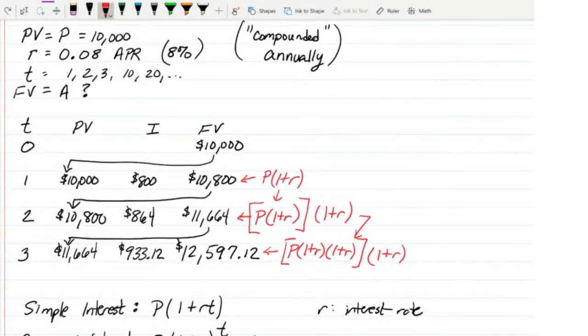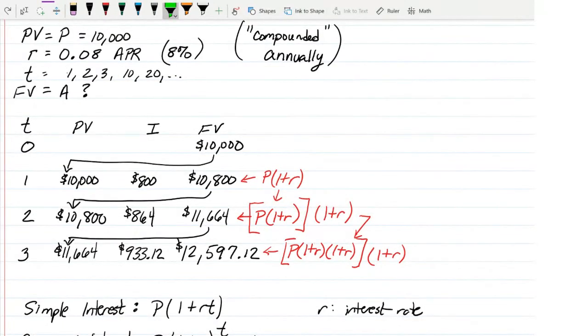And because that amount rolled down, because this final value became the present value in year number 2, this entire formula came down and filled the same place that quote unquote P would represent in the next line.